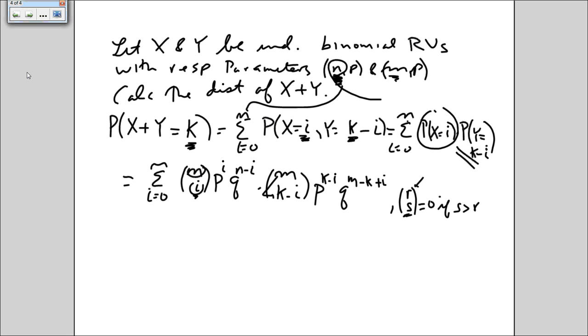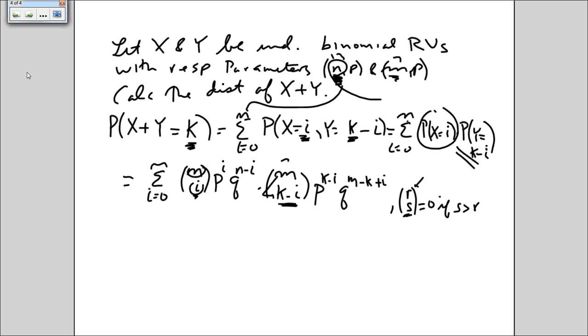And that might be possible in this case, because if m is 7 but n is 13, you can have the sum x plus y being, say, 15.